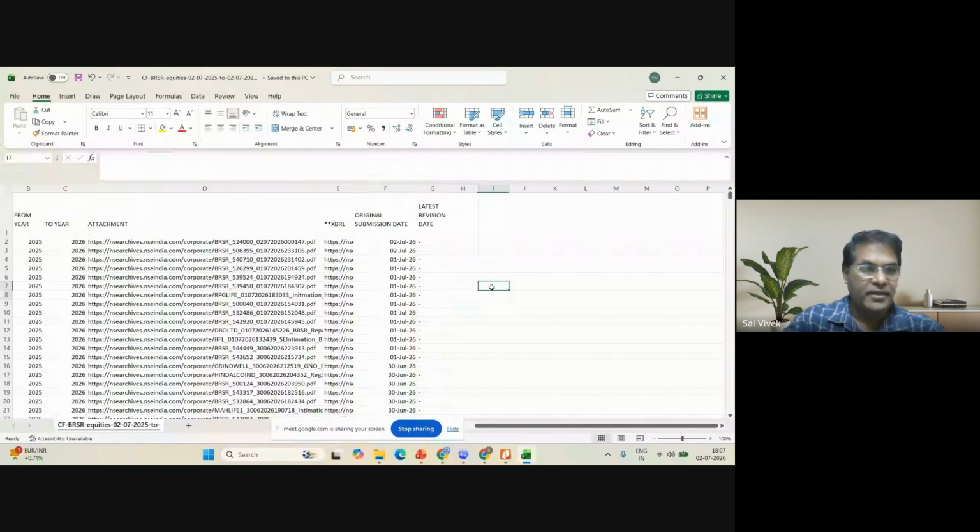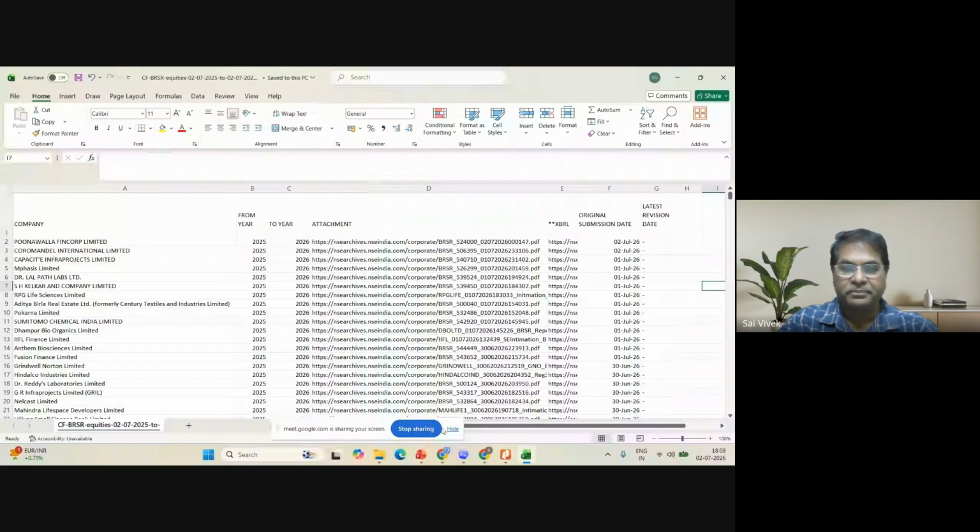So this is the BRSR equities Excel sheet. So here we can see that there are various companies. Names of companies are here: Poonawalla FinCorp, Coromandel, and Dr. Reddy's Laboratories, and so on. From year 1 and year 2 of these BRSR reports are given.